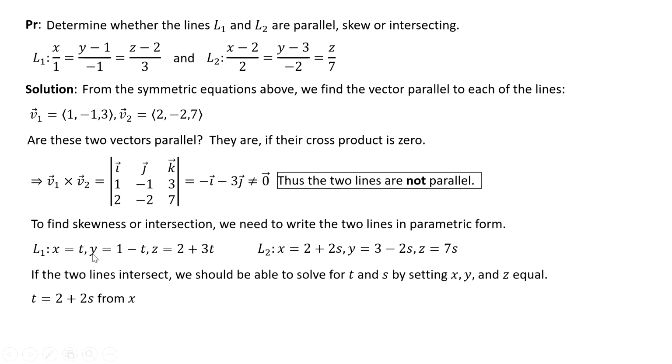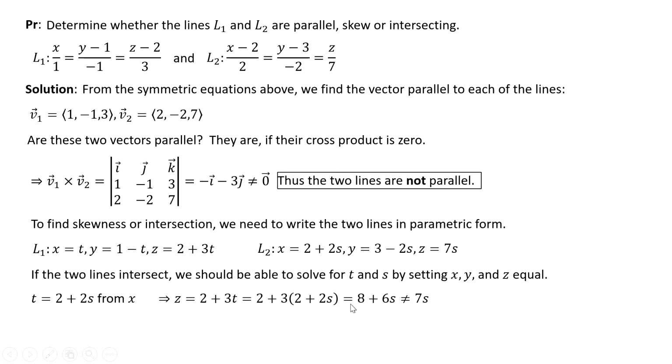Go to the first line. First line is in terms of t, 1 minus t. But instead of t, use this 2 plus 2s. Okay, 1 minus, is that what I did? Well, I seem to have figured out z. Okay, let's calculate z based on this t. So 2 plus 3t, but t should be replaced by 2 plus 2s.